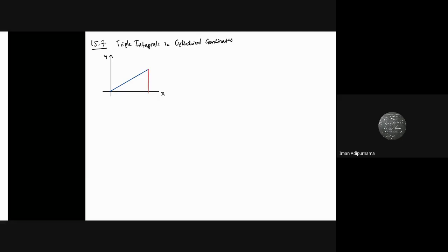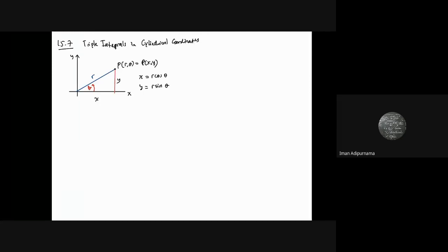If you have theta, you have r, and at this point it's the same point, in which you have the conversion happening between r, theta, and x, y.